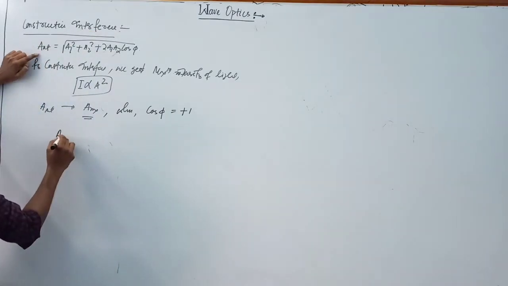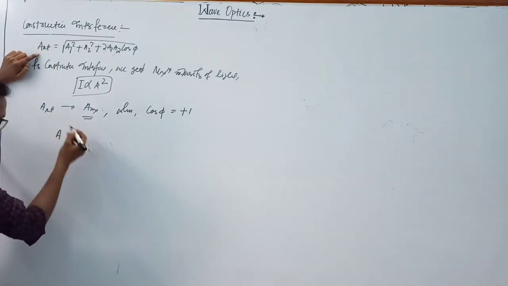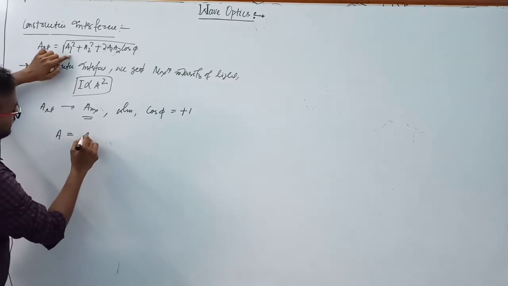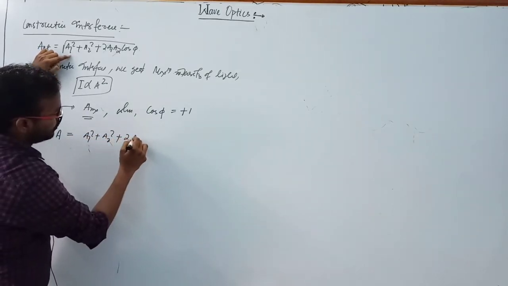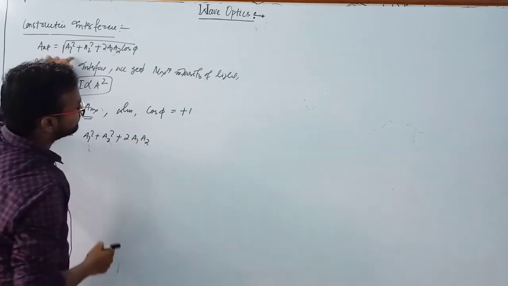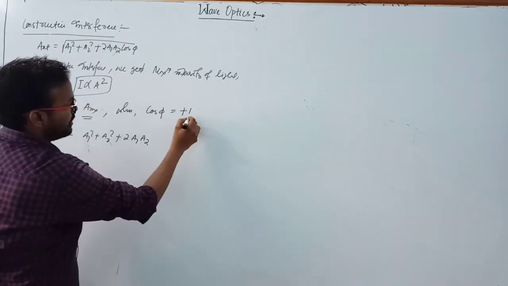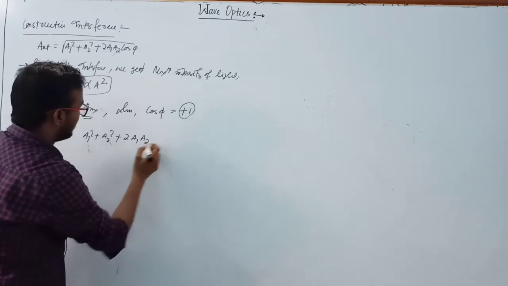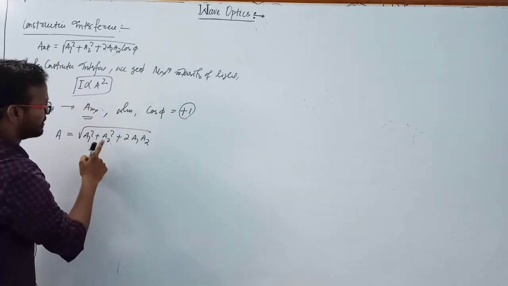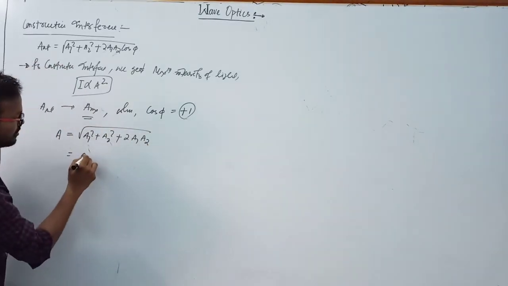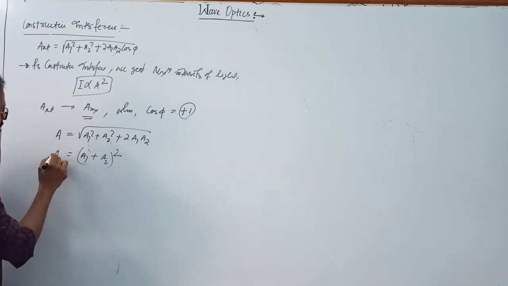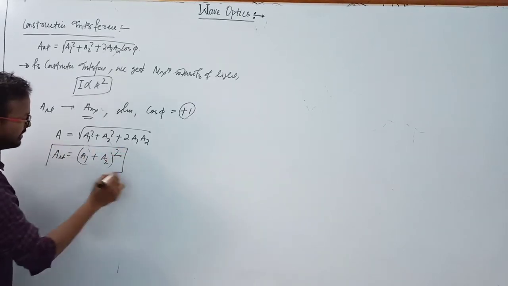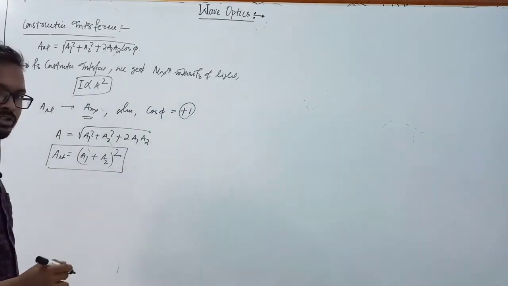At that time A net is the square root of A1 square plus A2 square plus 2 A1 A2 into cos phi, which is equal to 1. So this is a square plus b square plus 2ab, which is equal to (A1 plus A2) whole square, which is A net. This is the expression for maximum amplitude.